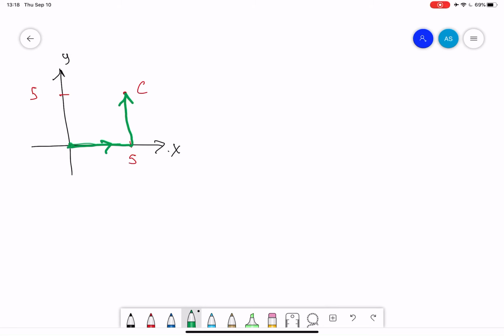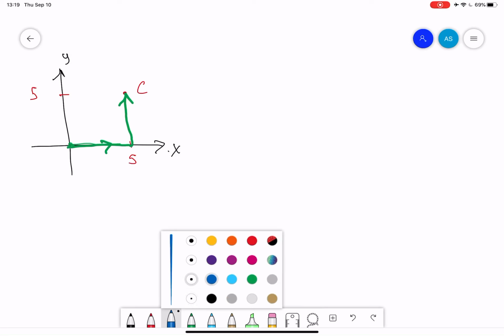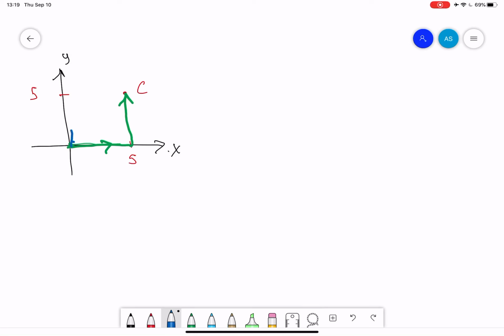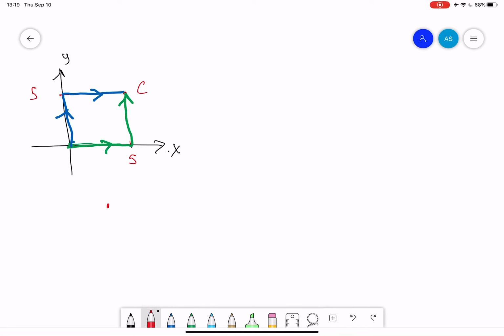In part B, we might be moving like this one. Then finally we might be moving along the diagonal. So how can we solve this problem then?